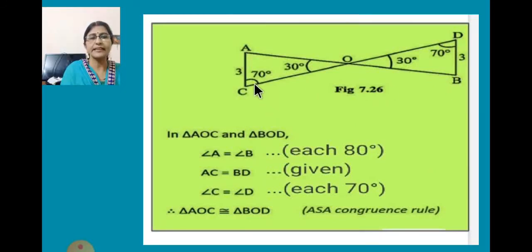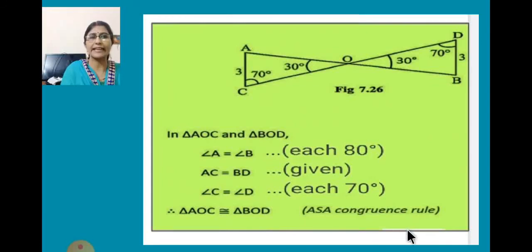This is given in the question that these two sides are equal. Here this is 3 units, this is also 3 units, so they are equal. AC is equal to BD. And then angle C is equal to angle D, each 70 degree. So we can write triangle AOC is congruent to triangle BOD, and the rule is the ASA congruence rule.